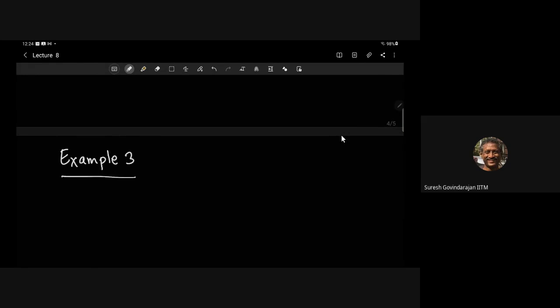Okay. Third example is the following functional. Let me put a minus sign, actually I don't need to put a minus sign.